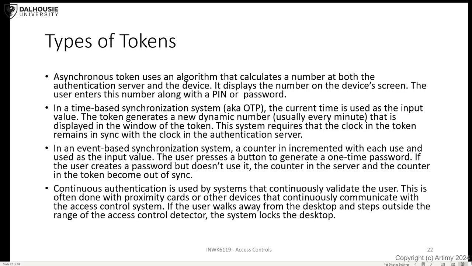A user works on a sensitive project, sitting in front of a computer, typing, viewing data, and then they move away, they go to the washroom, for example, and they forget to log out. So somebody else may come and sit down and view the information. So by having continuous authentication, as soon as the user moves away, the system logs you out.